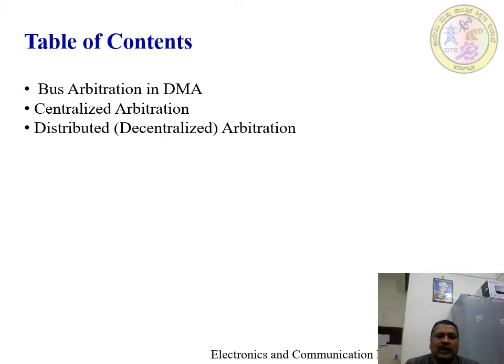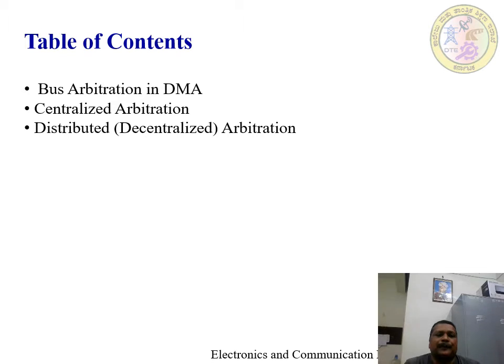We can see what conflict comes across in DMA and how it can be resolved. There are two methods in which bus arbitration can take place. First is centralized arbitration. Next one is distributed arbitration.